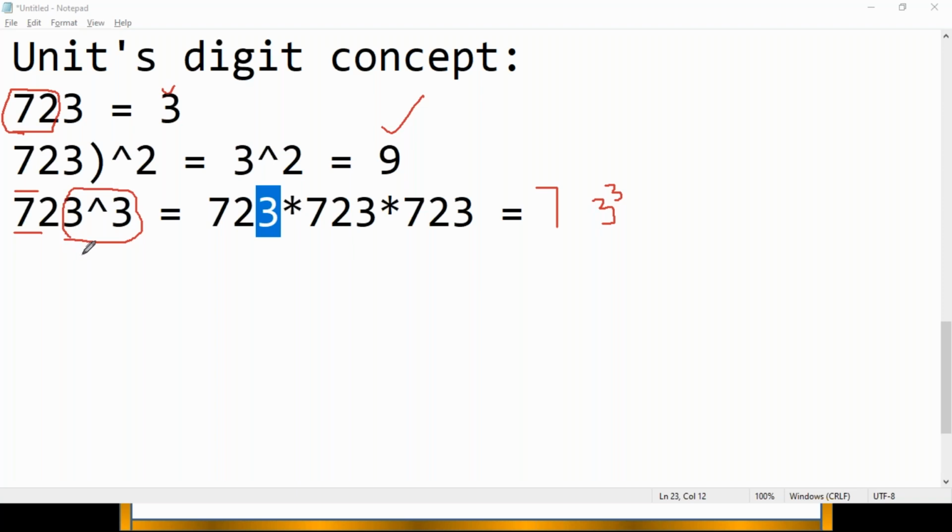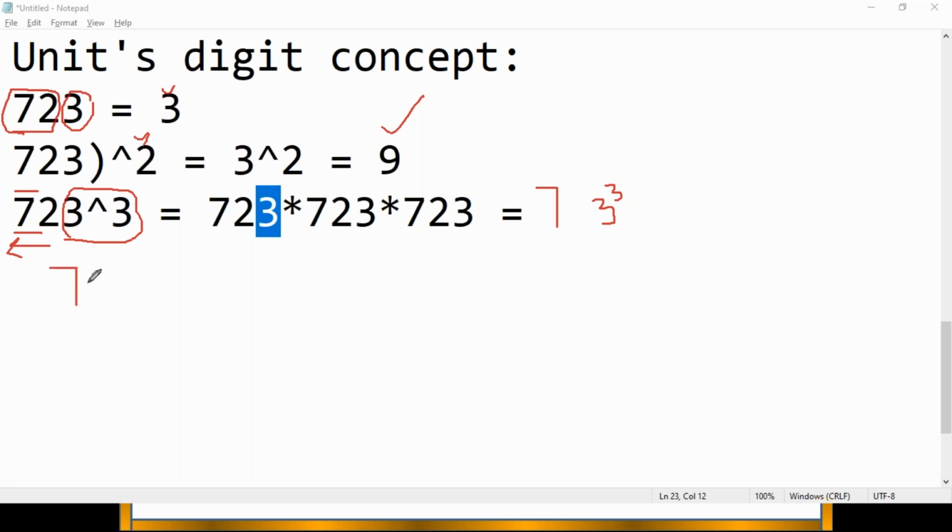So by understanding this, the problem is not with the remaining digits. The problem is the last digit of the base and the power. We need to consider the last digit of the base and the power. Understood all of you?